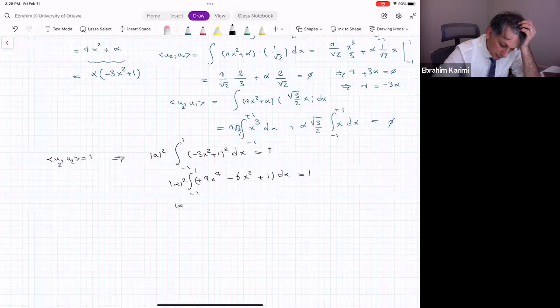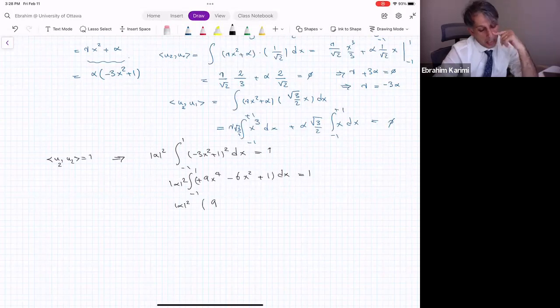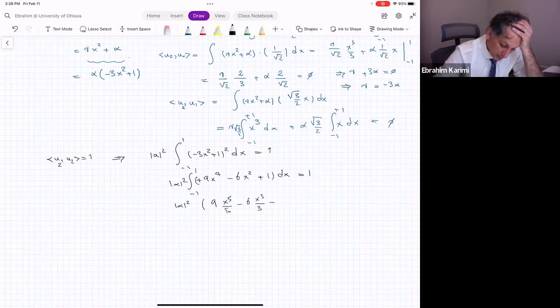So it means that you have alpha power of 2. The first term will be 9 times x power of 5 divided by 5, minus 6x power of 3 divided by 3, plus x, from -1 to 1 equal to 1. And all of them will be 2. There will be a coefficient of 2 at the front of these.